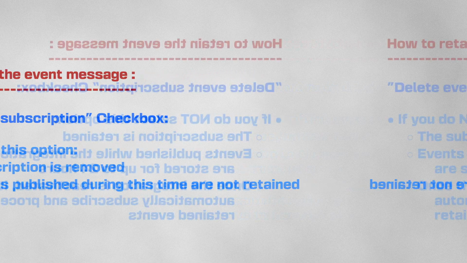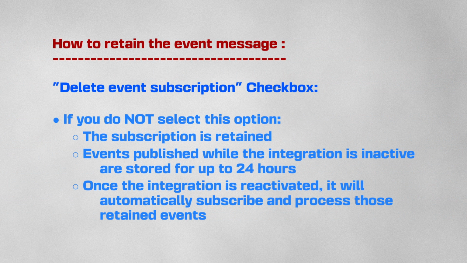If you do not select this option, the subscription is retained, and events published while the integration is inactive are stored for up to 24 hours. Once the integration is reactivated, it will automatically subscribe and process those retained events. You can view the number of retained events and subscriptions in the observability tab of the OIC console.